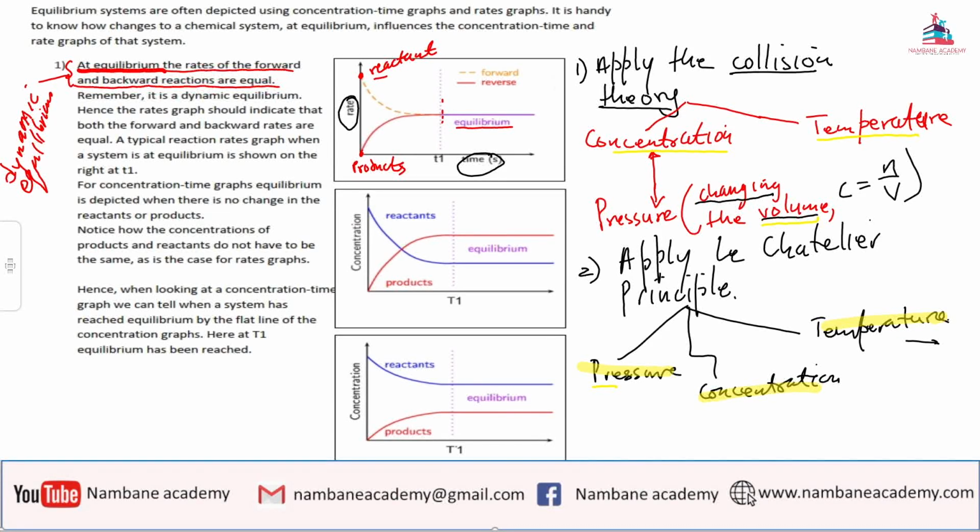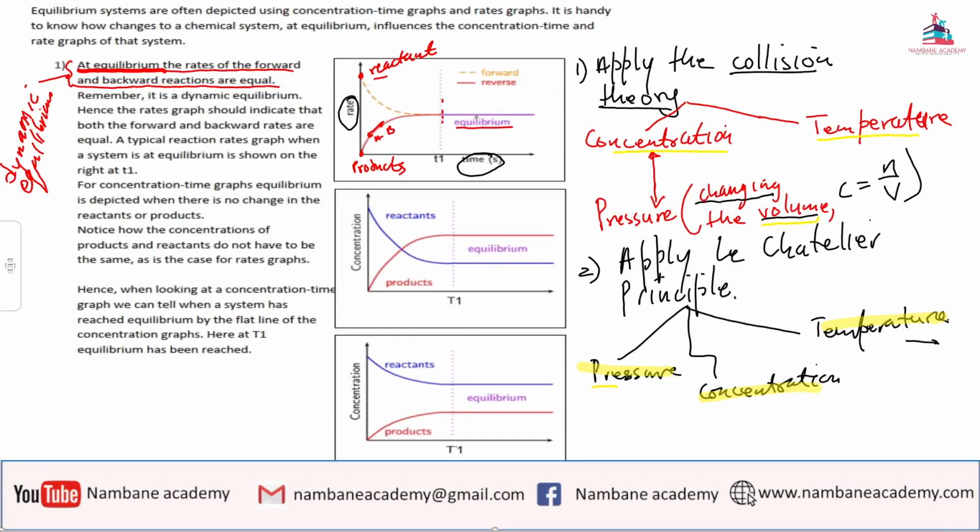Hence we say as products are formed, the reverse reaction increases from 0. That is what we see here, because the rate here is somewhere between A and B, very steep. It basically says the rate of the reaction there is faster. So be on the lookout for that.